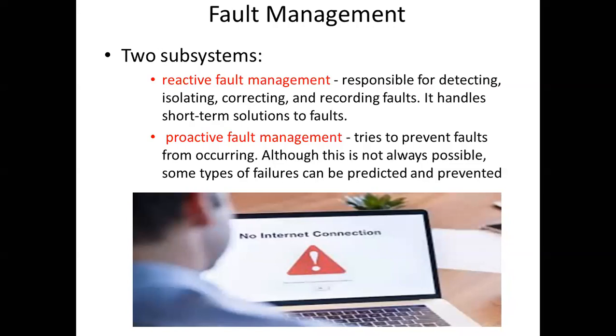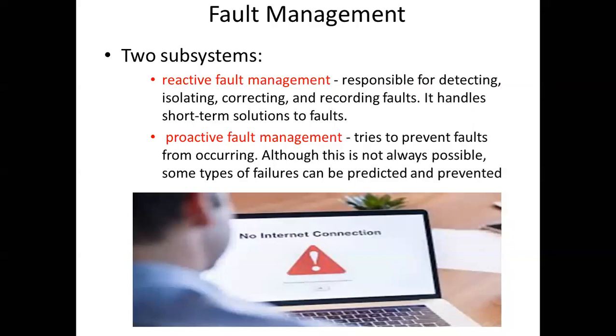But sometimes, not always, it may be possible to assume in advance what faults could occur and we can take care of it. Such a management system is called proactive fault management. What do you mean by proactive? In advance, we anticipate those faults.